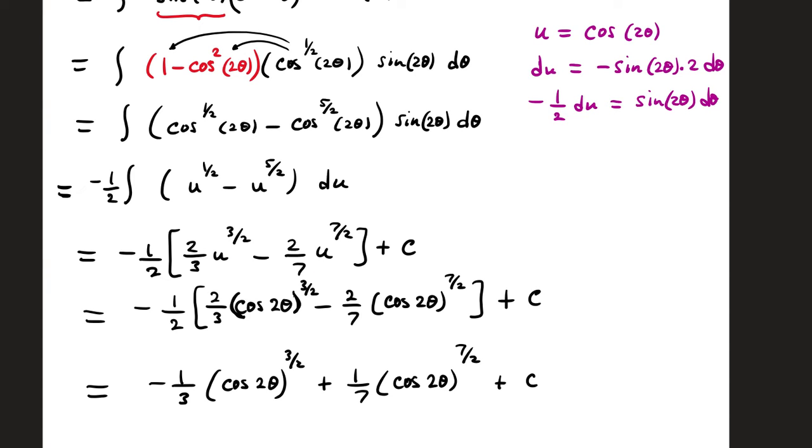Changing u back to terms of theta, we're going to have cosine 2 theta go in for both of these u's. Distributing negative half, that's negative 1/3 cosine 2 theta to the 3/2 plus 1/7 cosine 2 theta to the 7/2 plus our constant of integration.